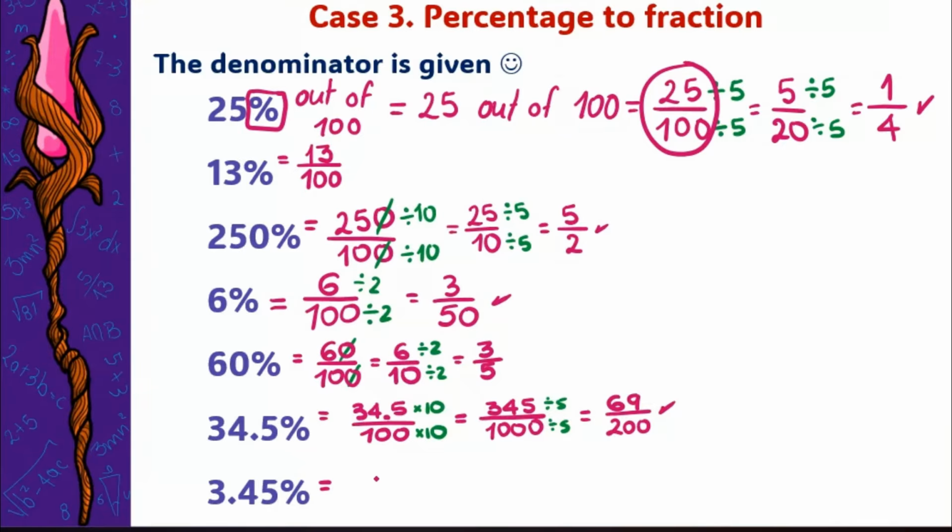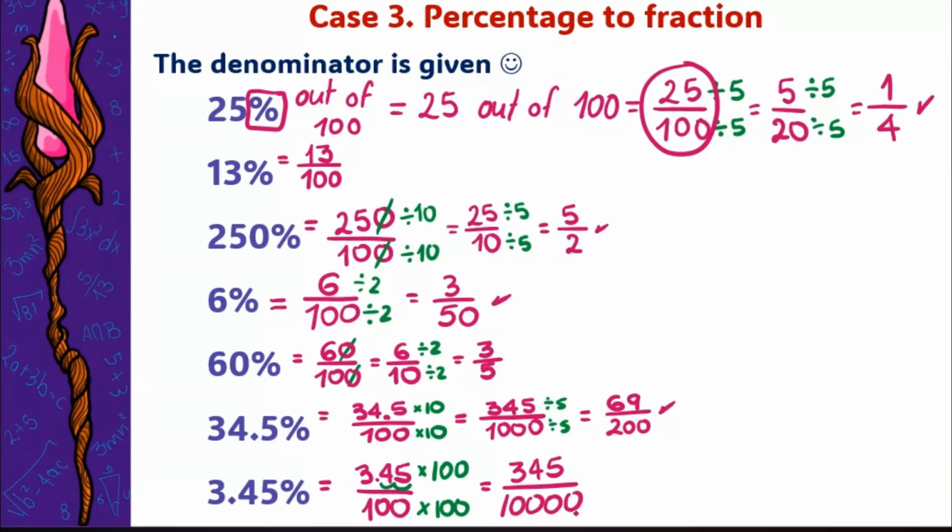And finally, this one, 3.45 over 100. So in this case, it's similar to the previous one. It's just that in this case, we would have to multiply by 100 because we need to move the decimal point twice. So times 100. Let's see, that would give us 345 over 100 times 100.